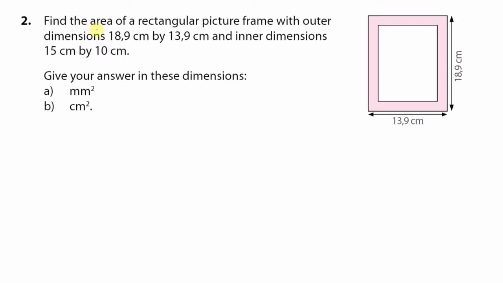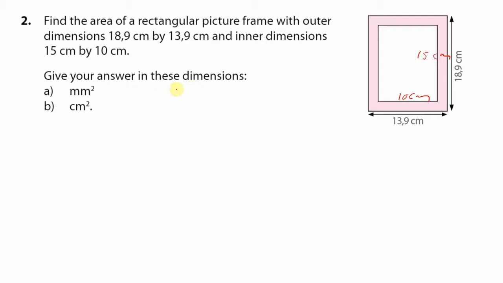We need to find the area of a rectangular picture frame with outer dimensions of 18,9 cm by 13,9 cm and inner dimensions of 15 cm by 10 cm.